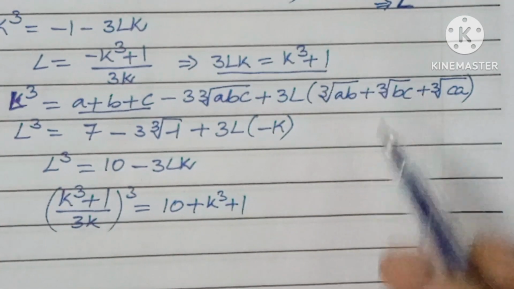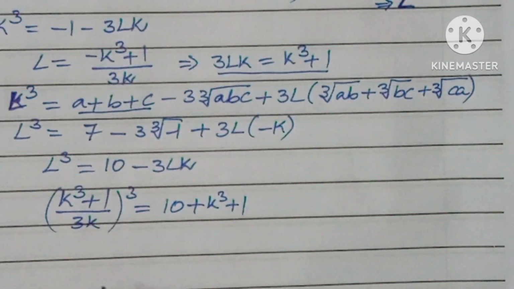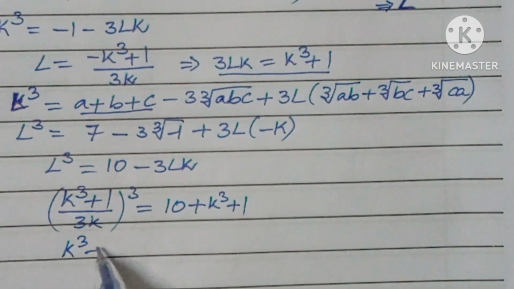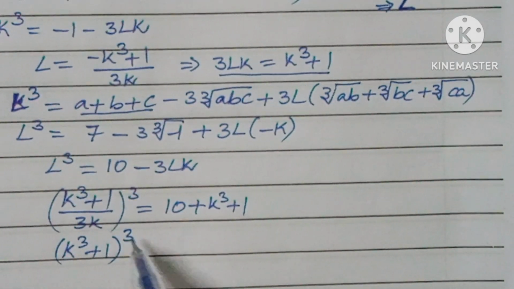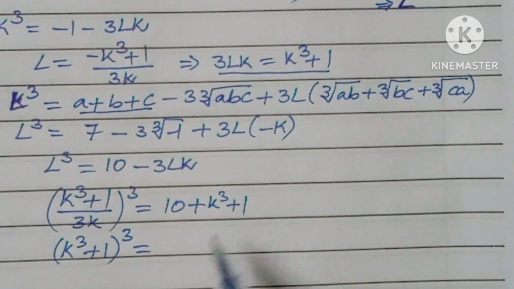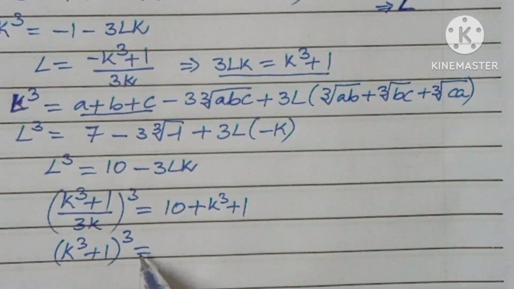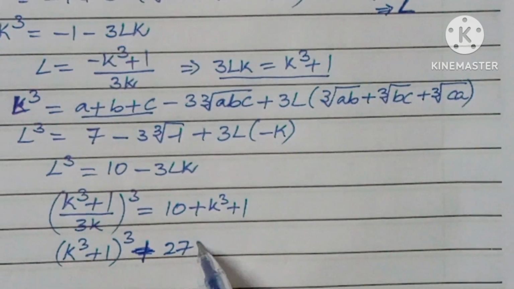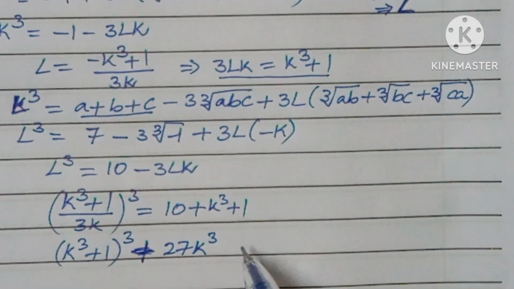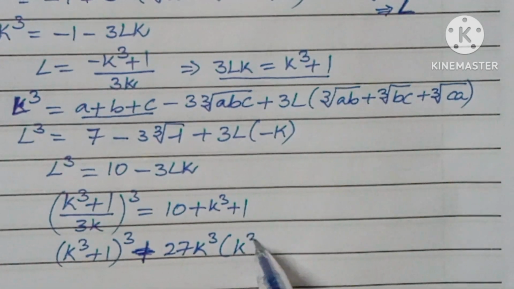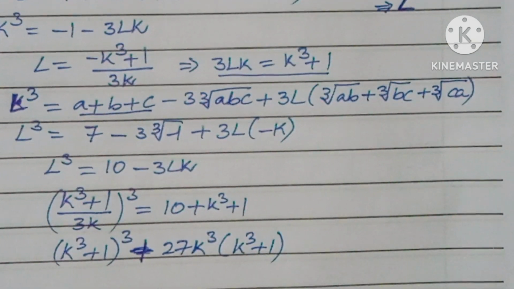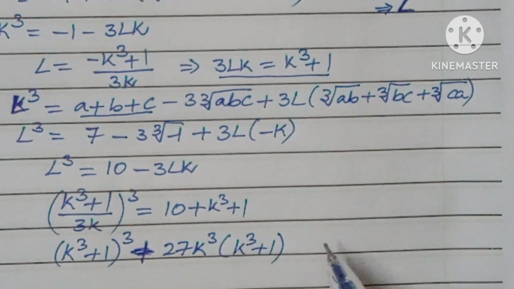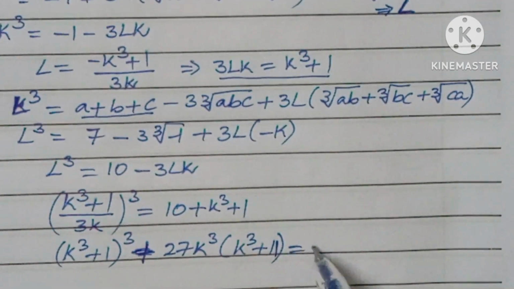Here you get 3LK equal to K cube plus 1. K cube plus 1 whole cube plus 27 K cube into K cube plus 1 plus 11 equal to 0.